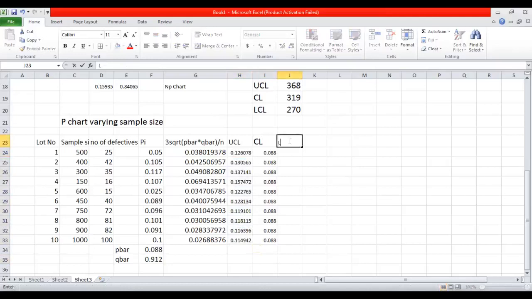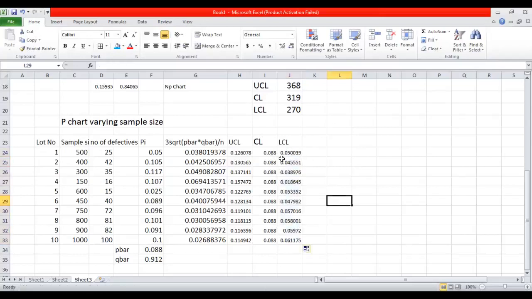Now these are the CL values, and these are the LCL values. Coming to LCL, LCL equals P bar minus this value, 3 under root of this one. Here the P bar value is fixed, so I'll use the dollar symbol here. So therefore this value is finished.